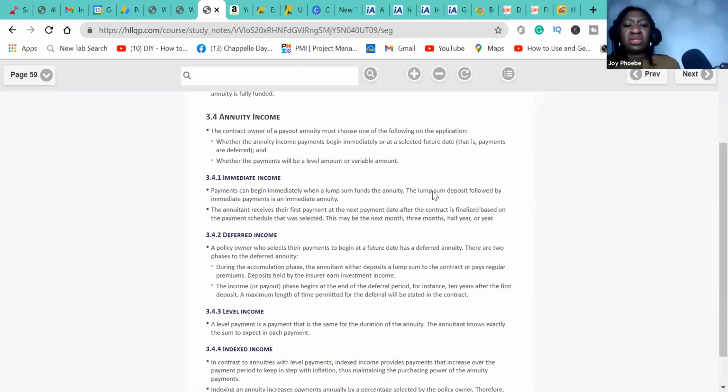For an income annuity, the contract owner has to specify whether it is going to be a level amount or variable. A level amount is one where a specific amount is received on a monthly basis, so you know what you'll be getting. A variable amount is one that tracks the market rate, so it's not specific and nothing is guaranteed. It depends on the rate that you are going to get. It could be high, it could be low.